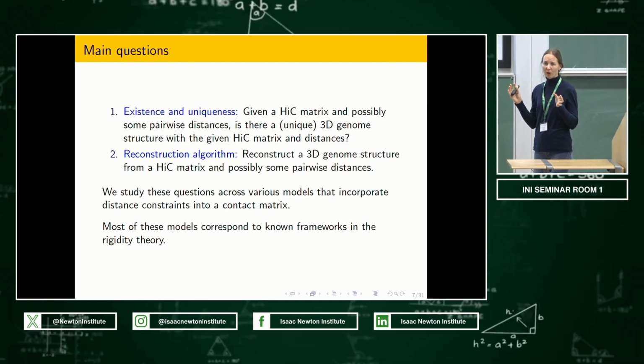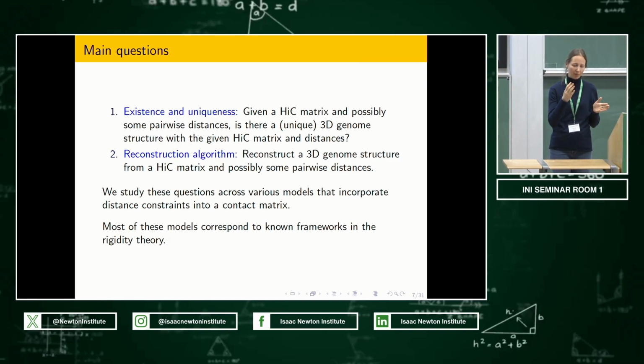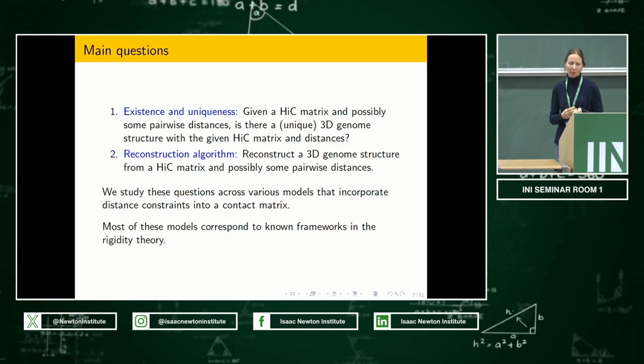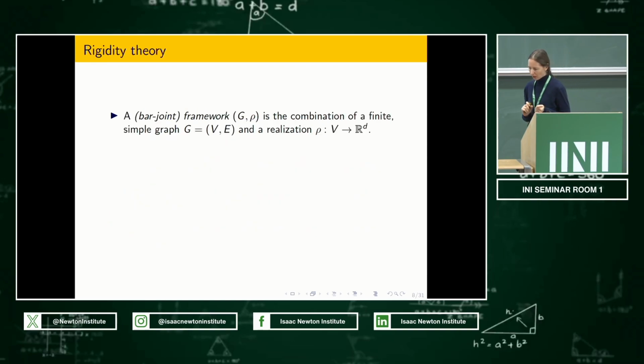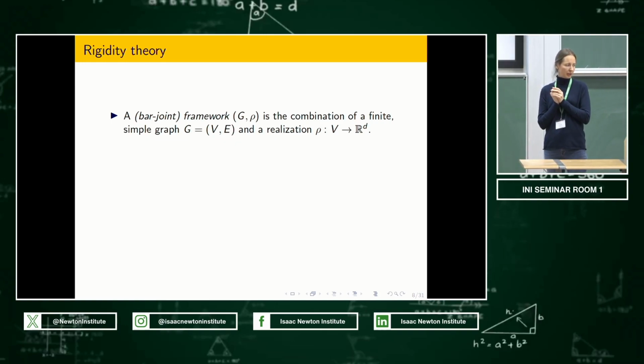So in our work, maybe I shouldn't say this, but let's say that it's theoretical, building a dictionary between what's happening in the biology world and the notions and results from rigidity theory that then translate to something that we're interested in on the biology side. So let me start with a quick introduction to rigidity theory.